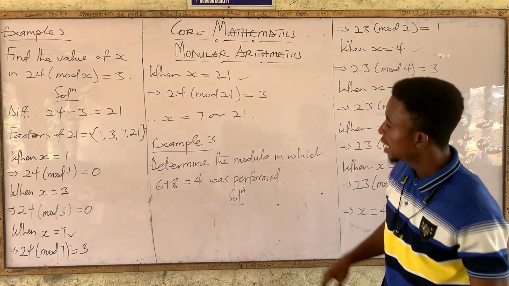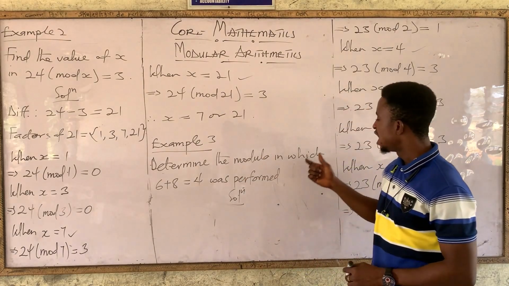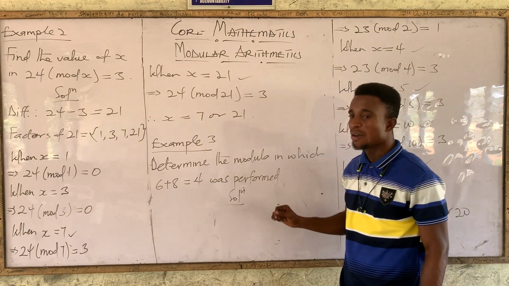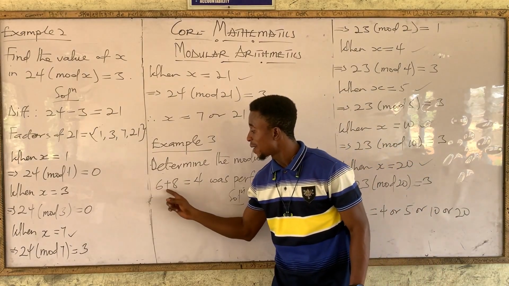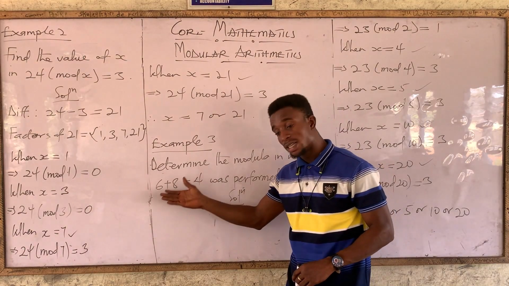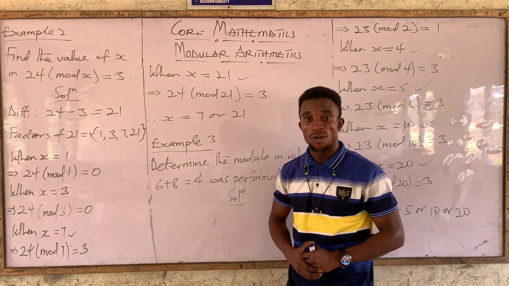So now, in this particular question, they are asking us to determine the modulo in which 6 plus 8 is equal to 4 was performed. Because you can never tell me that 6 plus 8 is equal to 4, but on a certain condition, 6 plus 8 can be equal to 4.